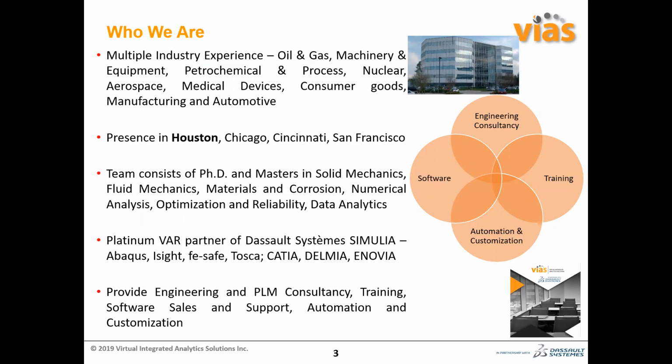Also, it helps us to push the process and take the correct decision for the accuracy and betterment of the product. And our team consists of PhD and masters in different domains like solid mechanics, fluid mechanics, material and corrosion, civil structural, numerical analysis, data analytics, and optimization and reliability.